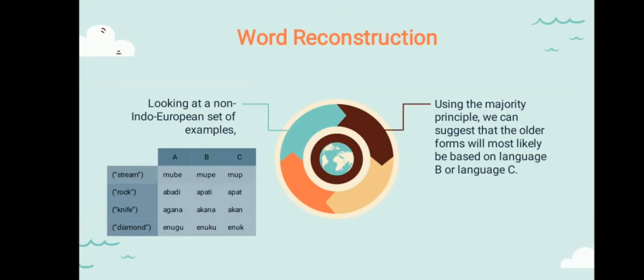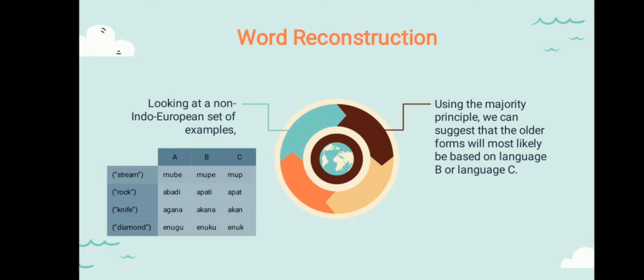Word reconstruction. Looking at a non-Indo-European set of examples, we can imagine receiving the following data from a linguist recently returned from an expedition to a remote region of the Amazon.